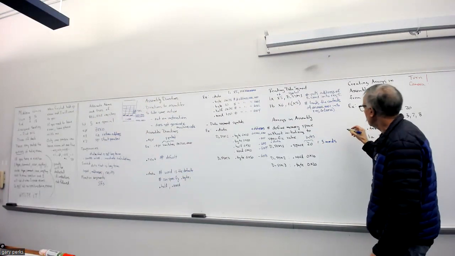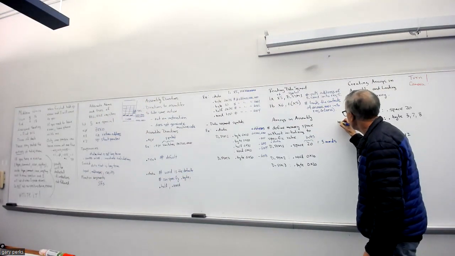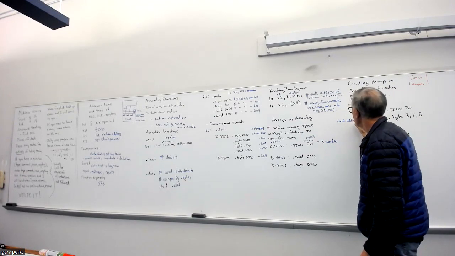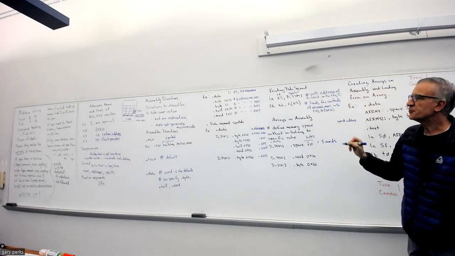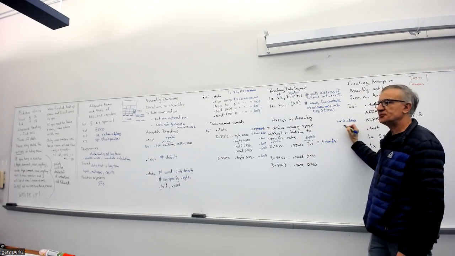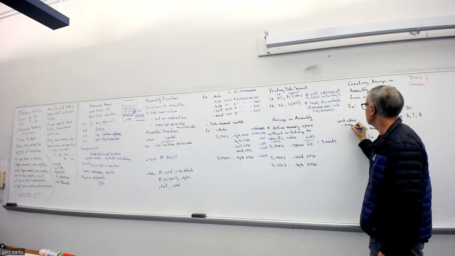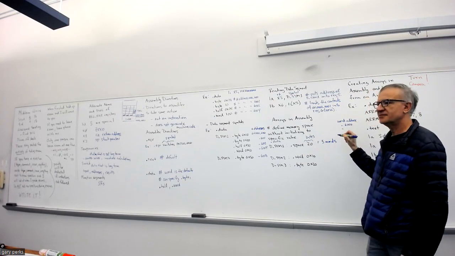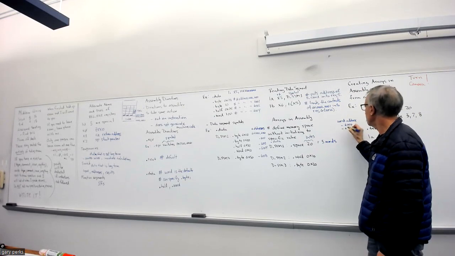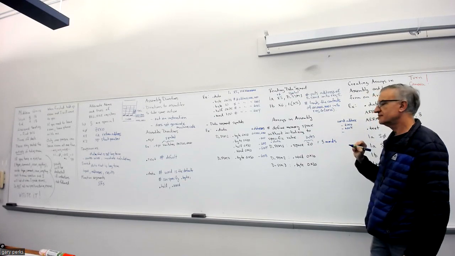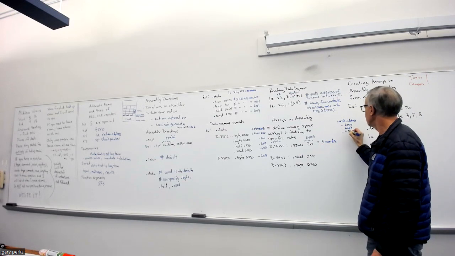Okay, so let's write it up here, word addresses. Your first one's going to be what? 6,000. Then we've got 6,004. And then 6,008.